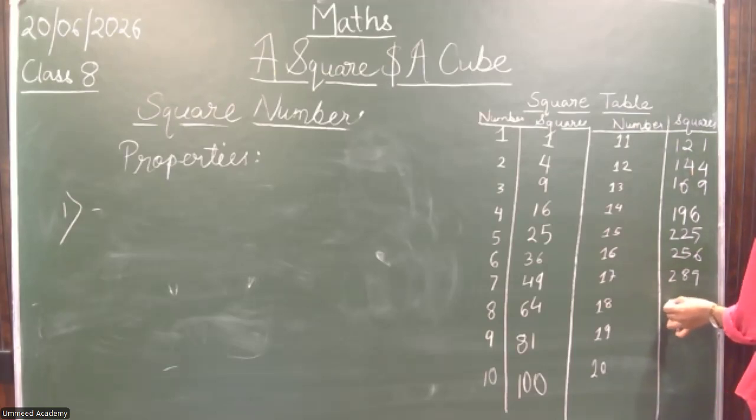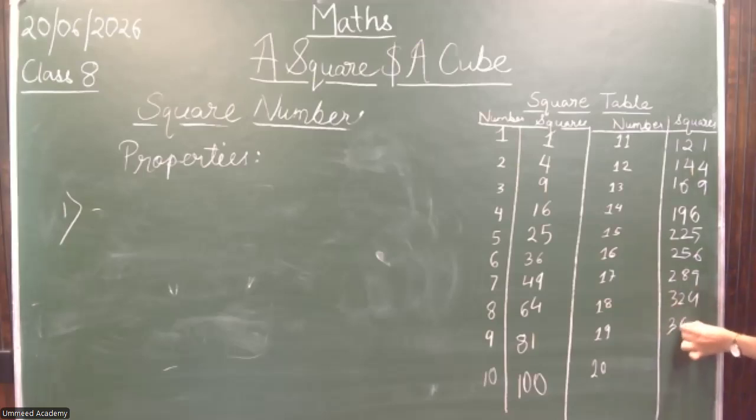And what about 18? 324, good. Then 361, and then we have 400.